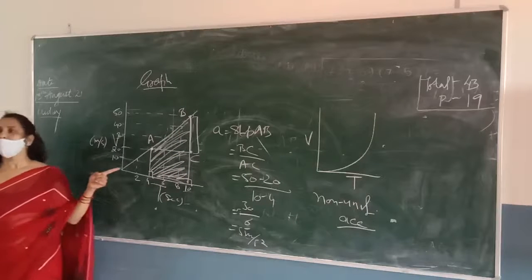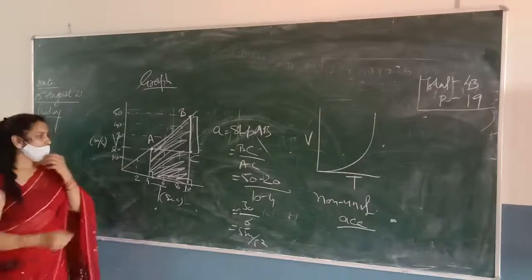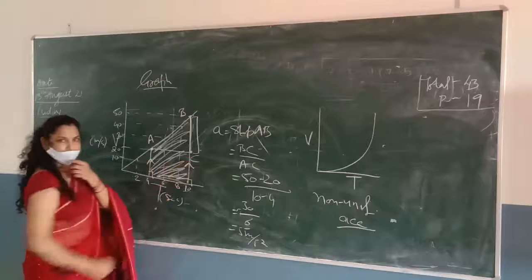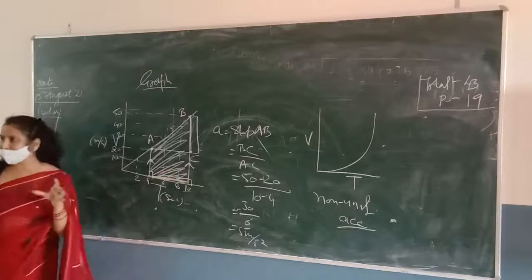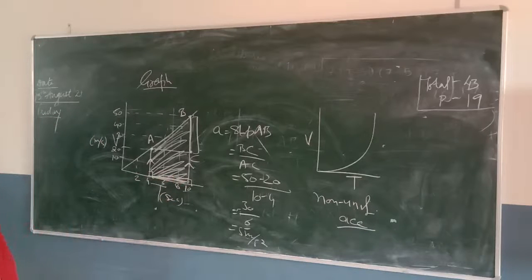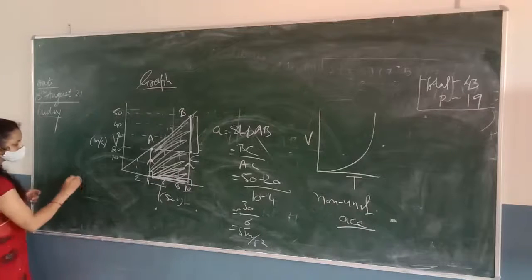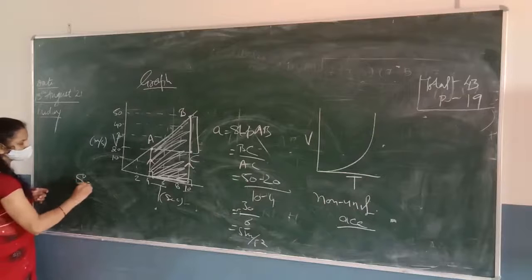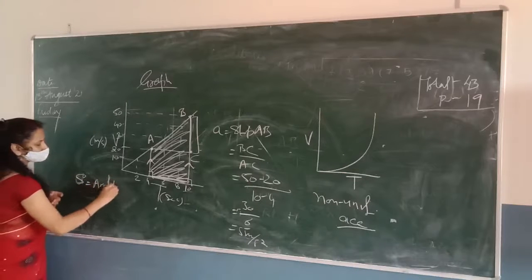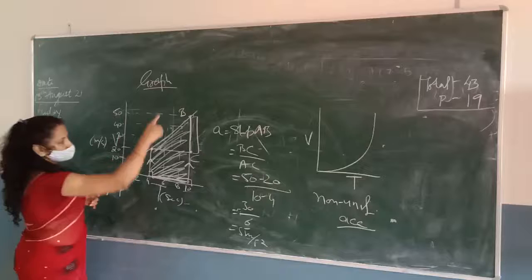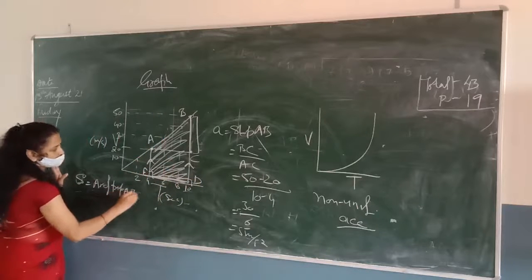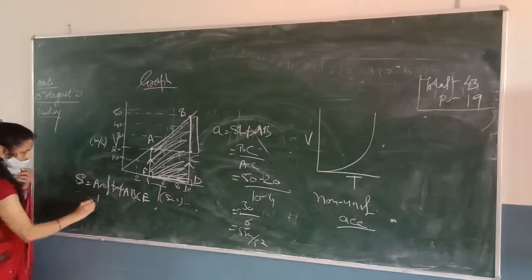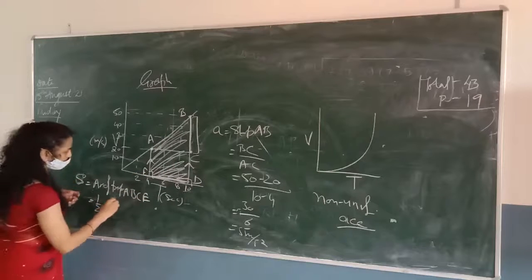This figure is trapezium because these two lines are parallel to each other and the distance between them is this one. So for calculation of distance covered, we have to calculate area of the figure. So distance S is equal to area of trapezium A, B, D, E. What is the formula for finding the area of trapezium?